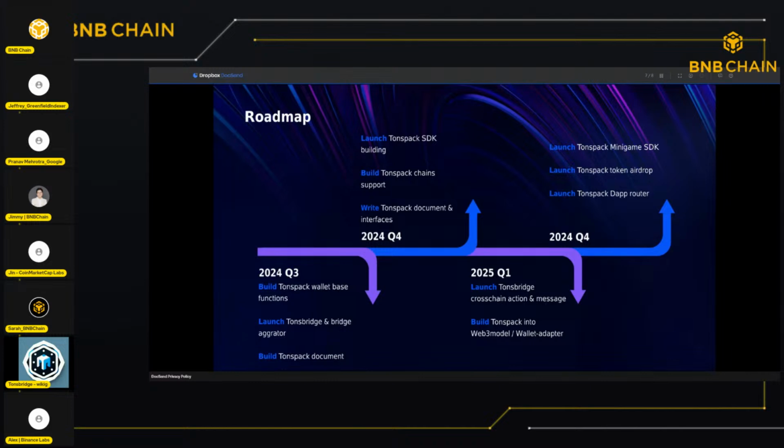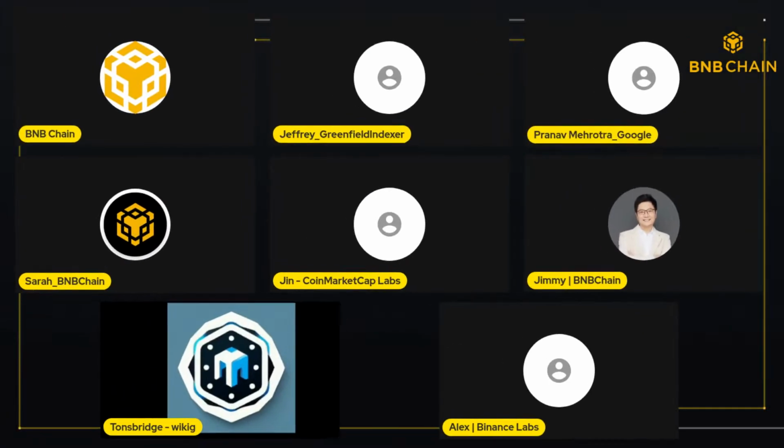They don't need to worry about the liquidity problems in those new chains or in the Ton chain anyway. Later, we are going to build our DApp routers. It works like DeFiLlama in the web app inside our Tonspack wallet.